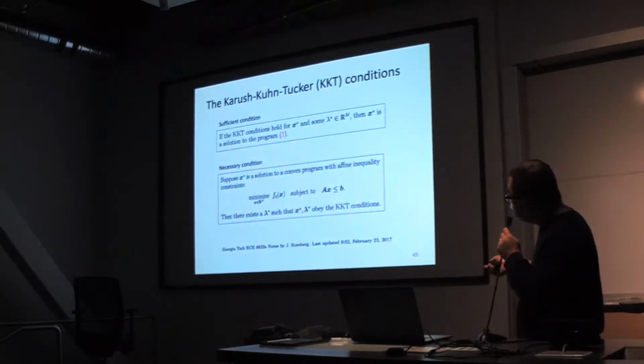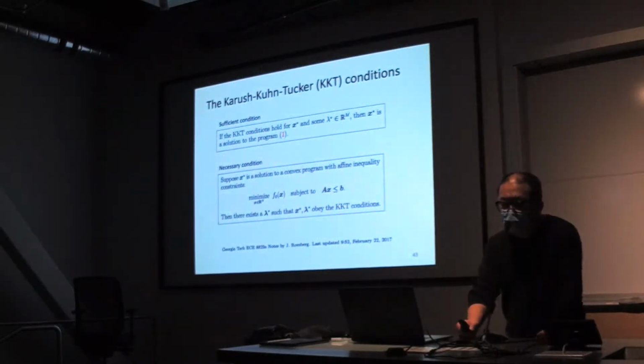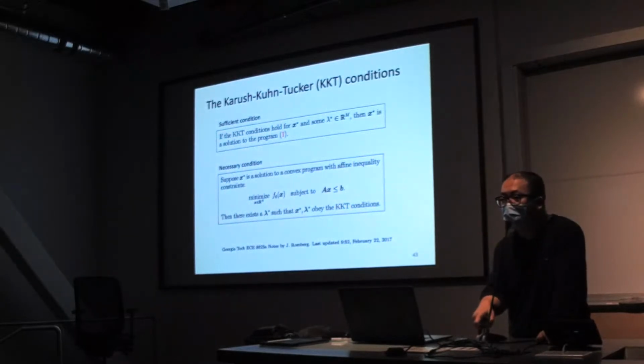If your constraints can be written in this way, then KKT conditions are both sufficient and necessary, meaning that if you have a pair of x and lambda that satisfy KKT conditions, they are the solution. And vice versa, if you have a solution x for the optimization problem, then there must exist some lambda such that x and lambda satisfy the KKT conditions.